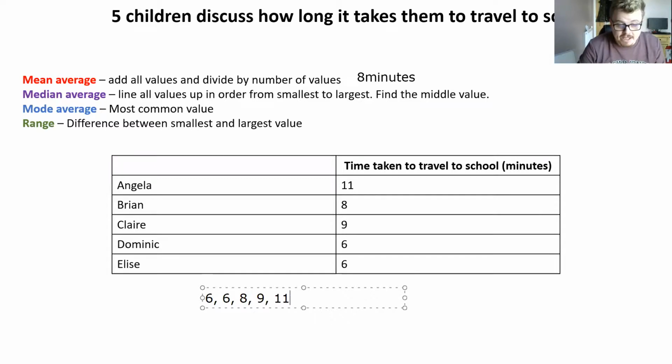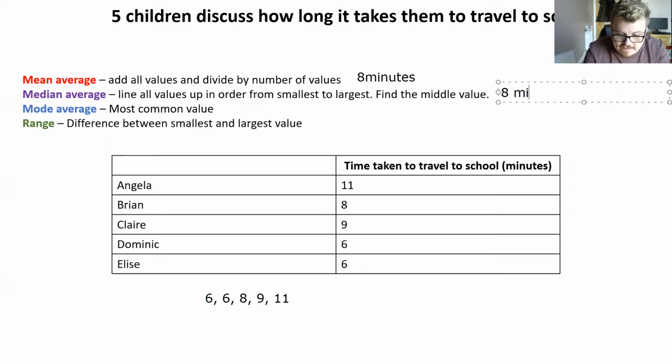And now to find the median, I need to find the middle value. If we look here, 8 is in the middle because there's 2 bits of data to the left and 2 bits of data to the right. So the median average is also 8 minutes. I'm going to write that up here. I do apologize if my camera is covering some of this, but I'm sure you still understand.